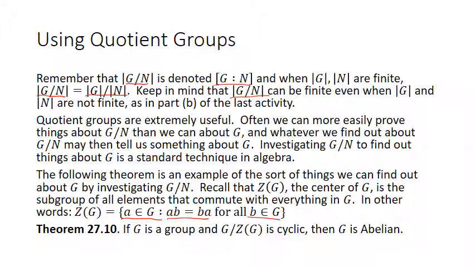That's quite interesting, and you could imagine how it might be easier to prove that G mod ZG is cyclic than to prove that G is abelian. So this could be useful in those circumstances.